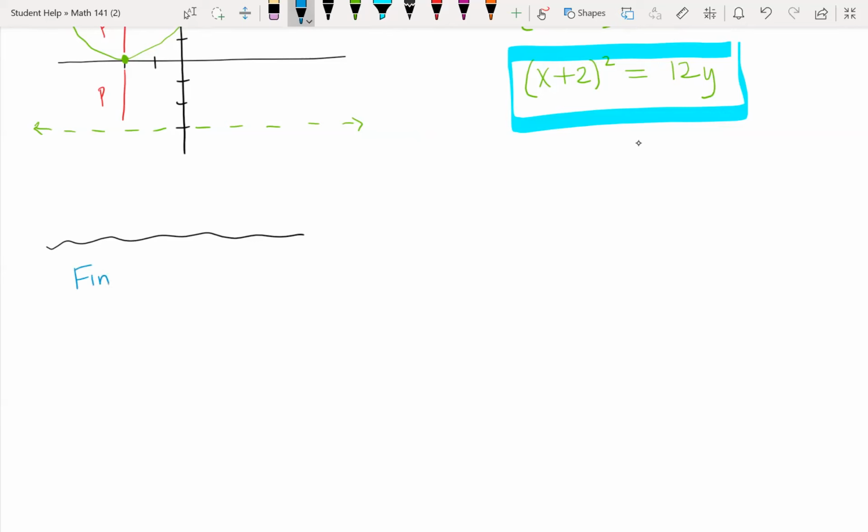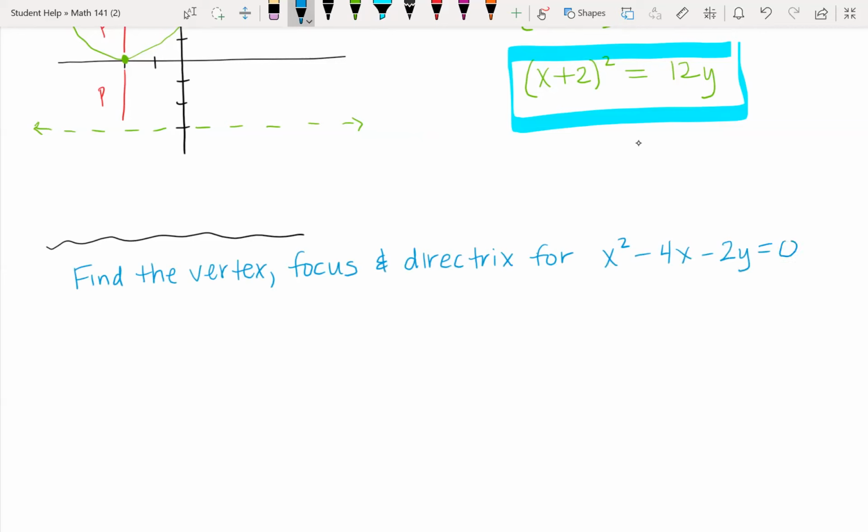Let's find the vertex, focus, and directrix for x squared minus 4x minus 2y equals 0. And then we'll draw a graph too.